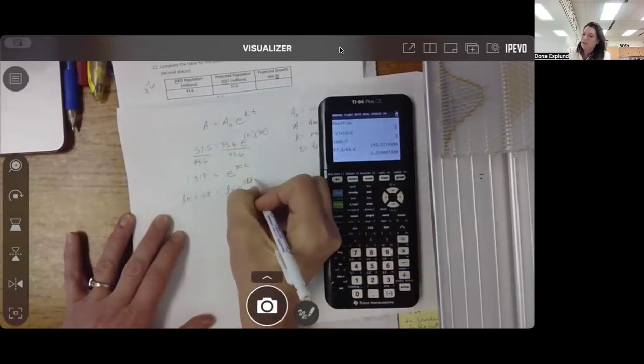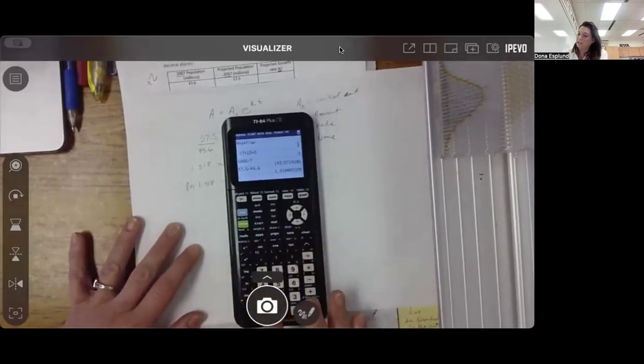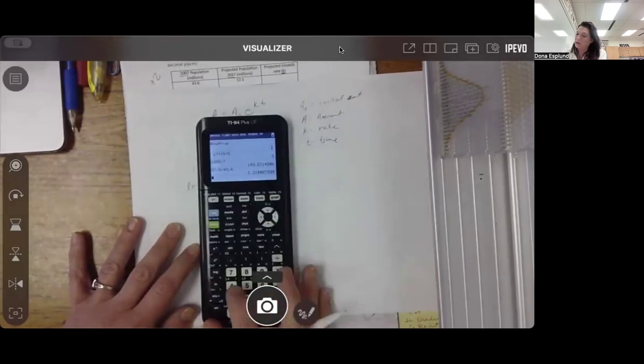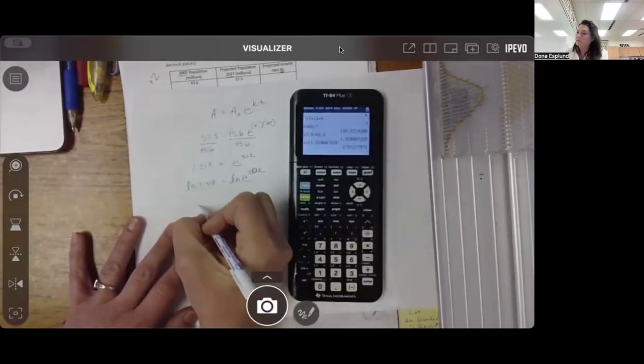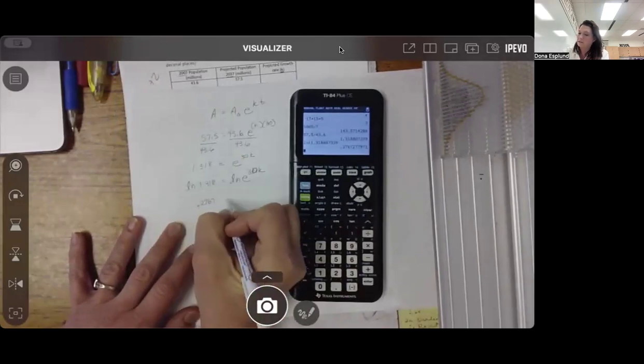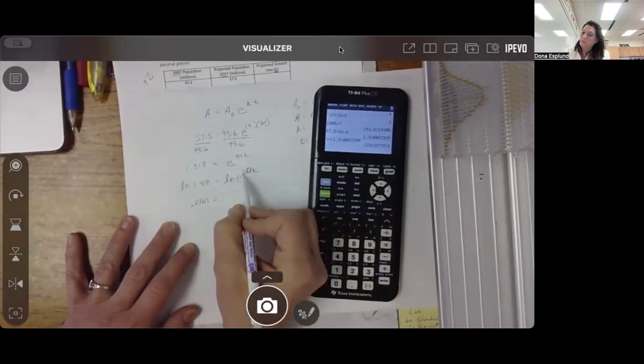Whoops, as I write 30k. So for the ln of 1.3, I can go ahead and grab my calculator. I'm going to hit my ln button, select the 1.3, and that's going to have a value of 2.2767.